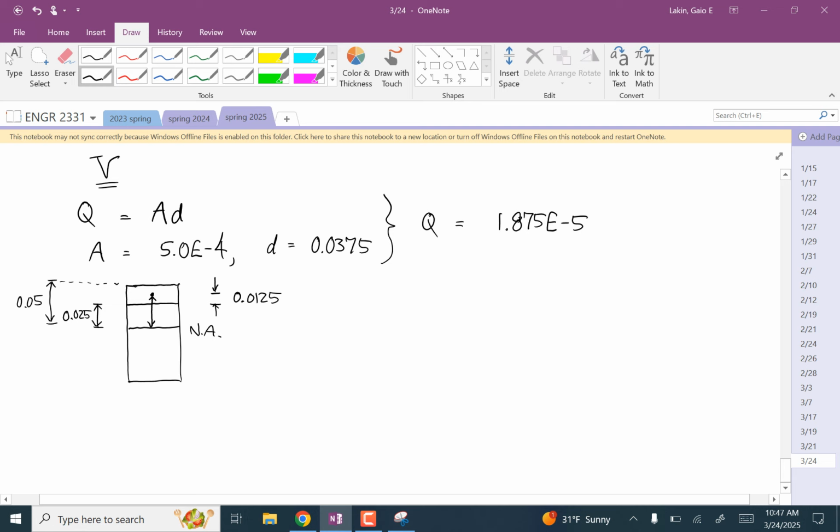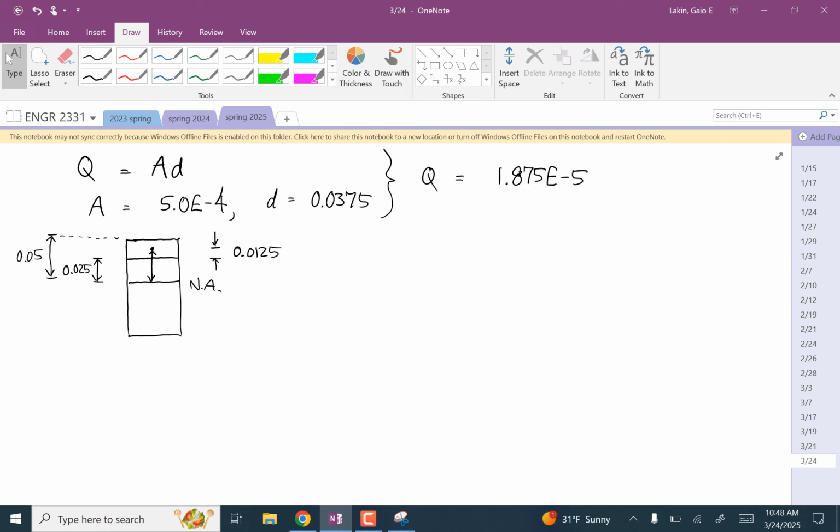Anybody have any questions about that? Are you with me on that? It's not going to the line of interest, it's going to the centroid of the area above the line of interest. Okay, so we got Q.